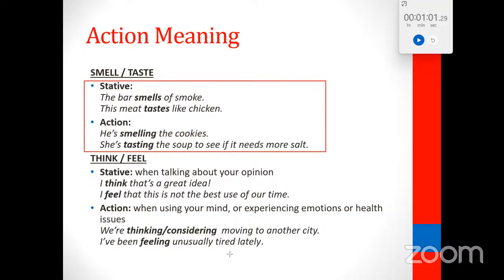An action, as we saw yesterday, is when you do something physically, or in this case with the senses. In this case, the actions are smelling or tasting. That could be physically doing that.